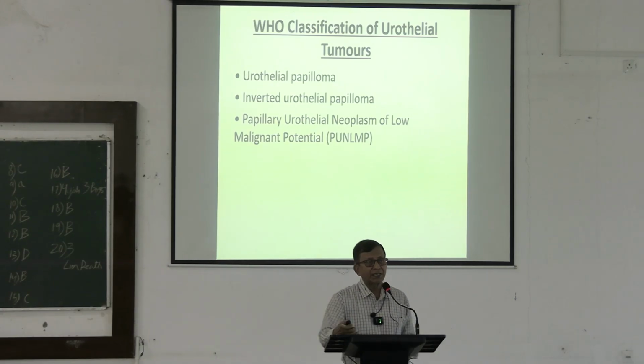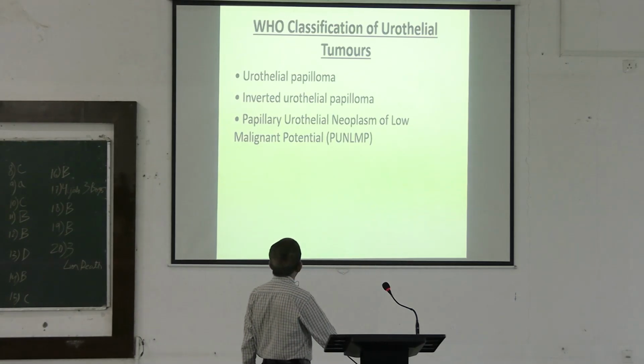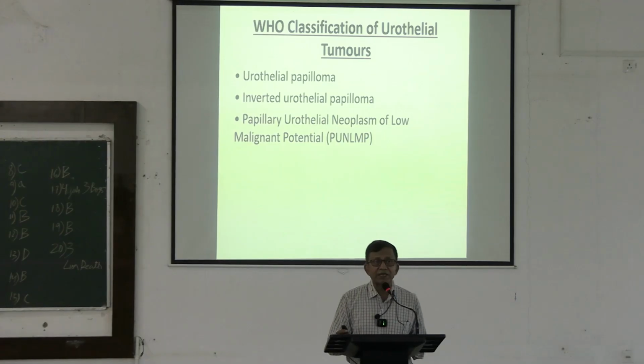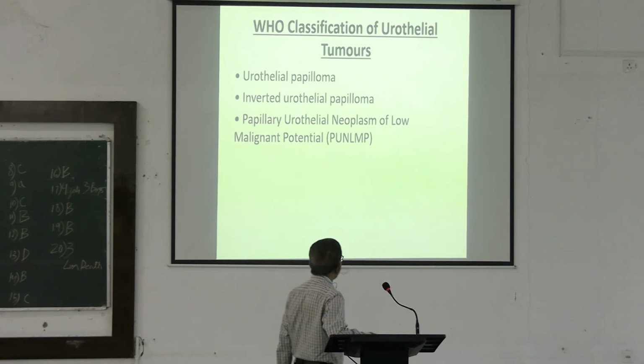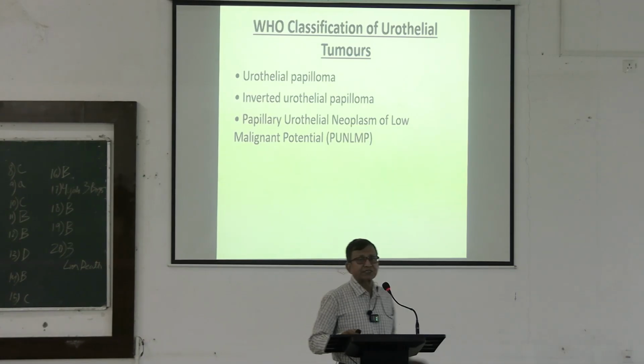So what are they? Urothelial papilloma. Whenever there is oma, you understand that it is a benign tumor. Urothelial papilloma. Next is inverted papilloma. Inverted papilloma means, suppose this is the surface.